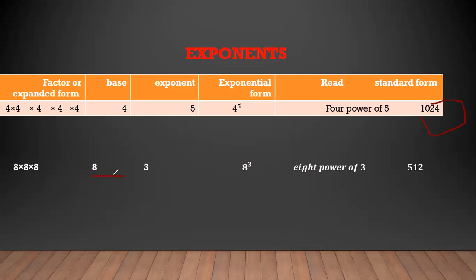The base value. 8, how many repeated times? 3 times. 3 is called the exponent or power. How do we write it in exponential form? 8 power of 3. Okay, and standard form: 8 by 8 is equal to 64, times 8, 512.